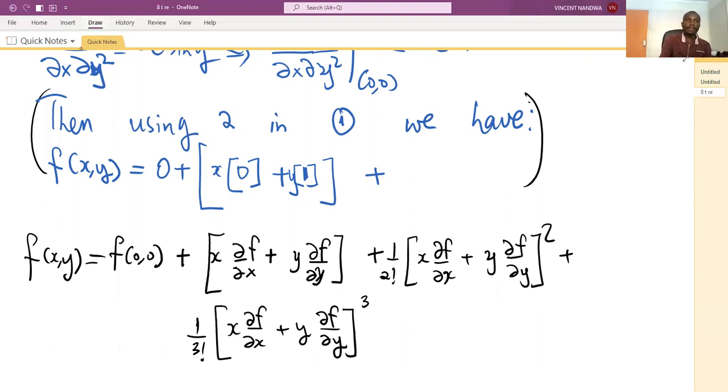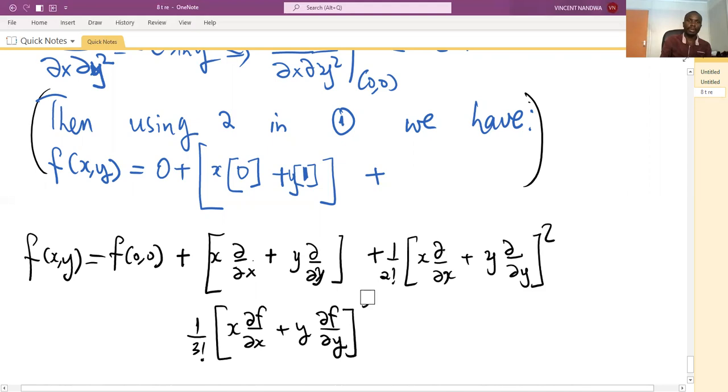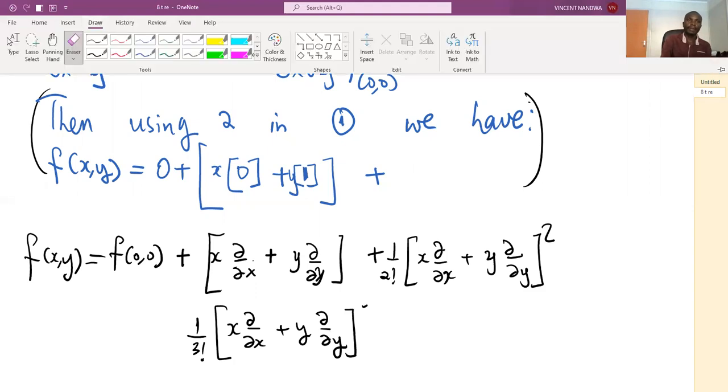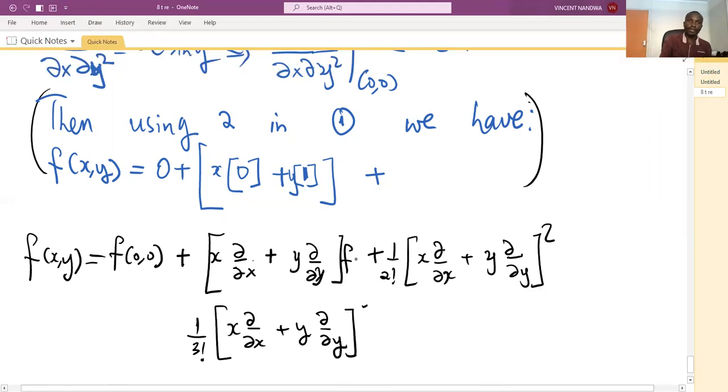Actually I can just write this f outside so that when I start opening the brackets, it will be easier for us to understand what's happening. So just write f of 0, 0 plus other terms.